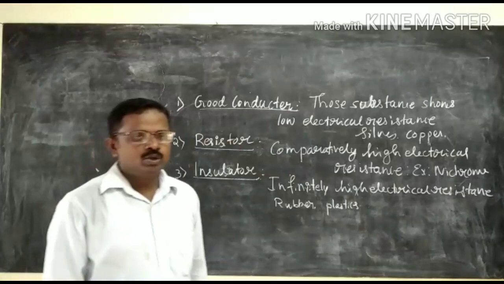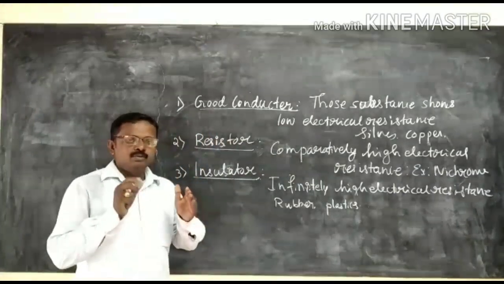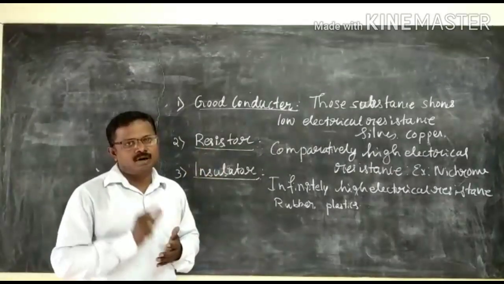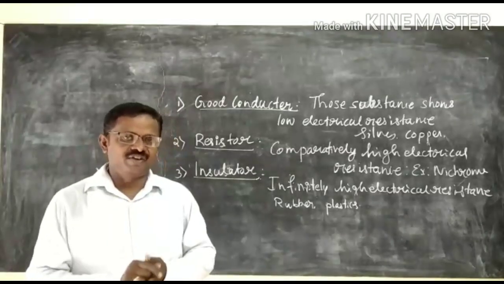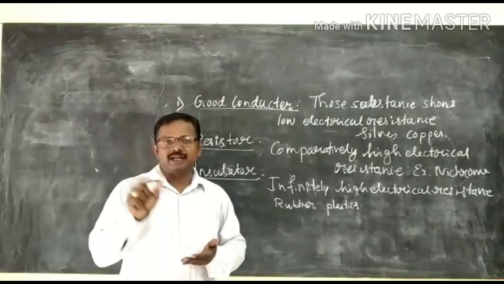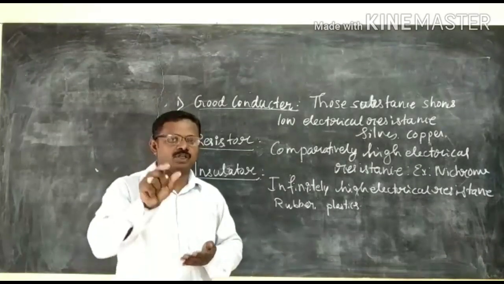It does not allow the flow of current. Now, we are talking about the resistance or resistors of a conductor or circuit. Apart from the potential difference in a circuit, the current flowing through a conductor depends on the resistance of the circuit.